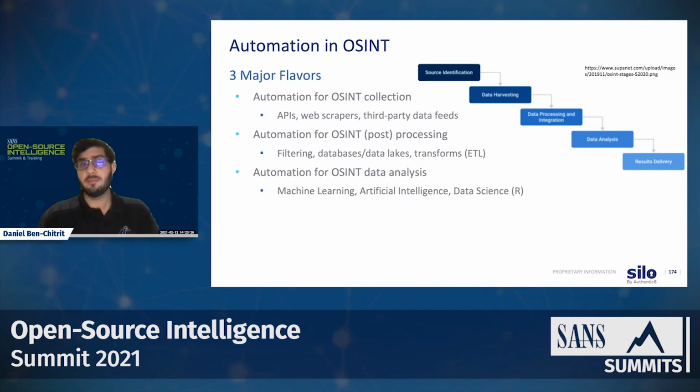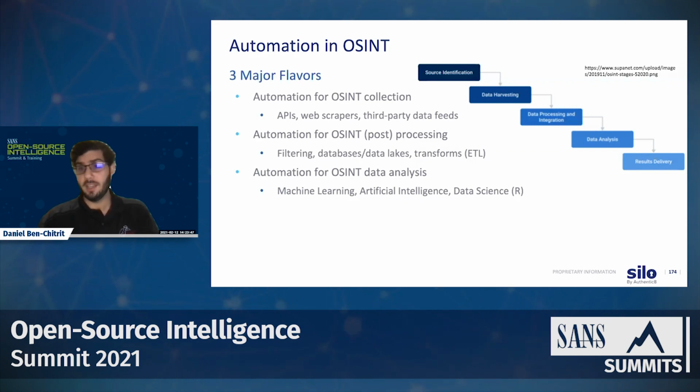Automation for OSINT, and in general intelligence, comes in 3 major flavors: collection or harvesting of the data, which again is the focus for today; processing, the automation of the processing of the data after it has been collected; and the automation of analysis of that data.